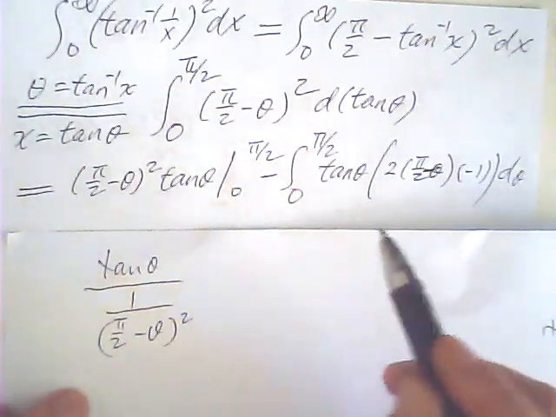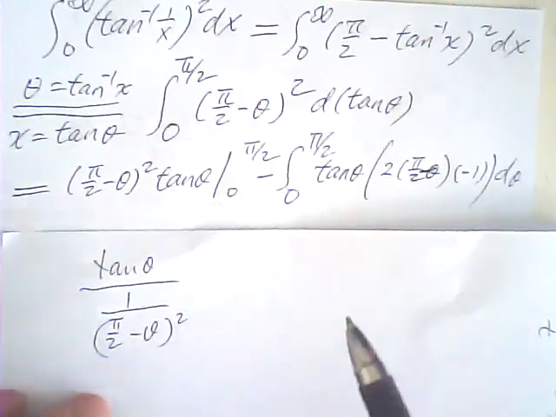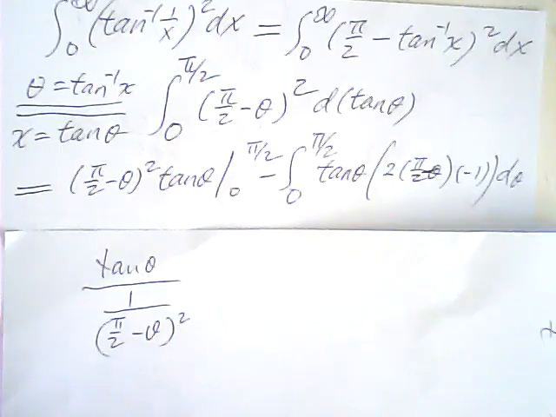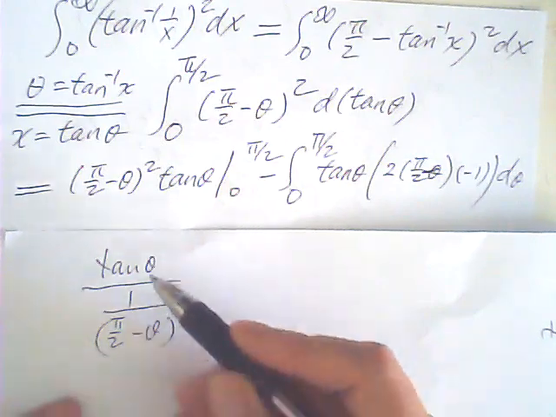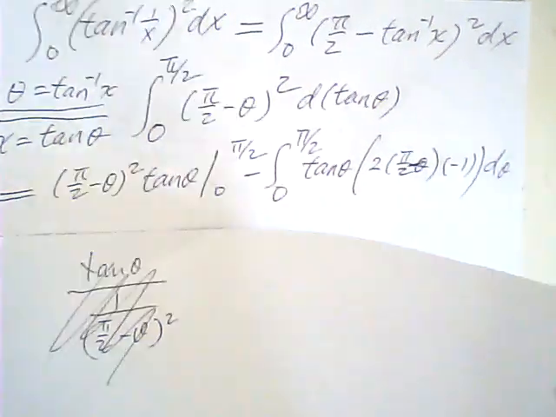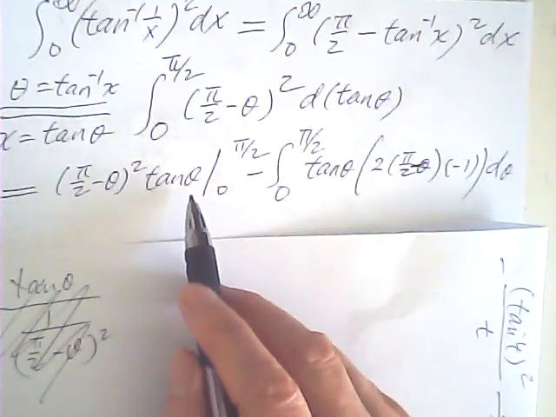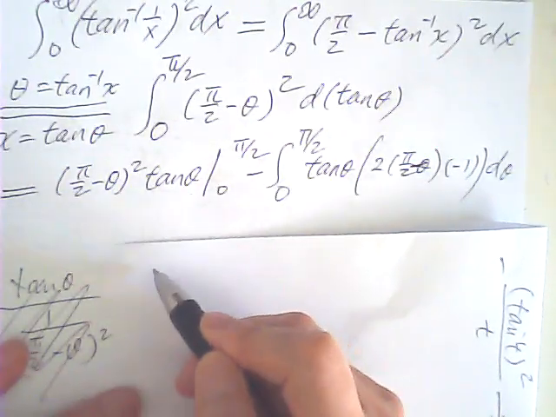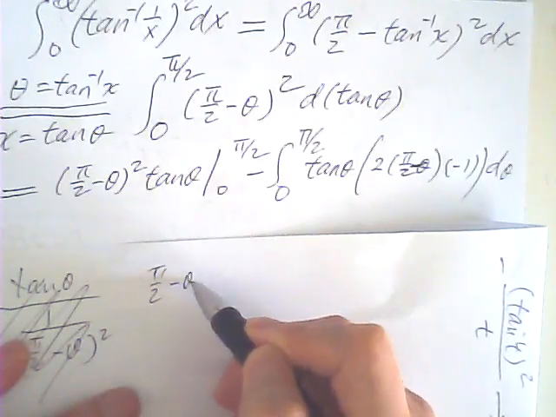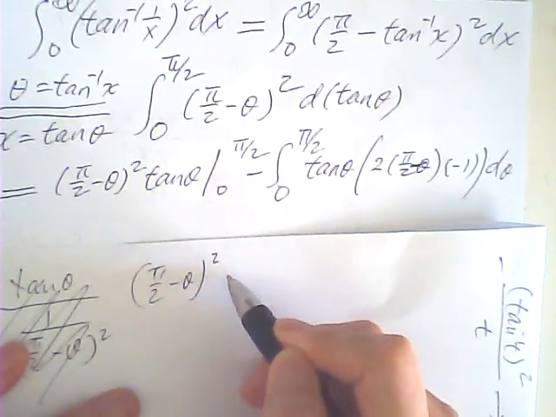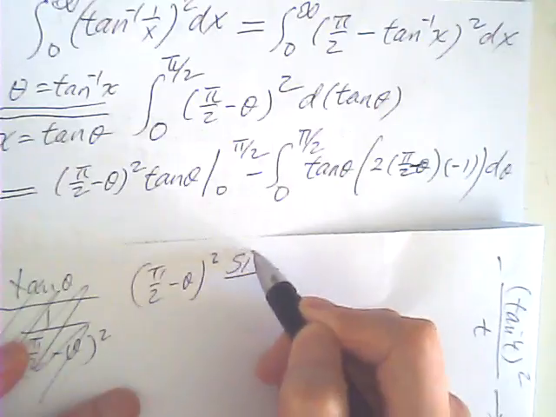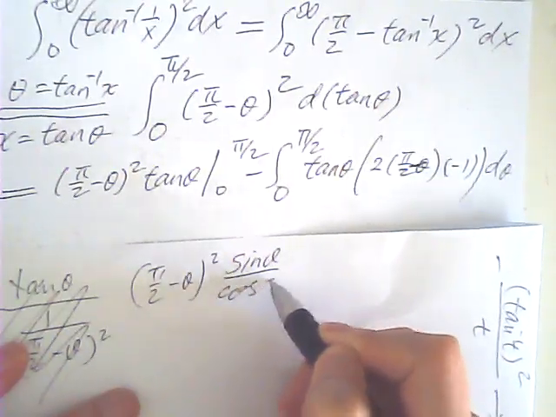Then we take the derivative, right? And I'm not using this method. Now, how about this? When theta goes to half pi, minus theta square, tangent theta is sine theta over cosine theta.